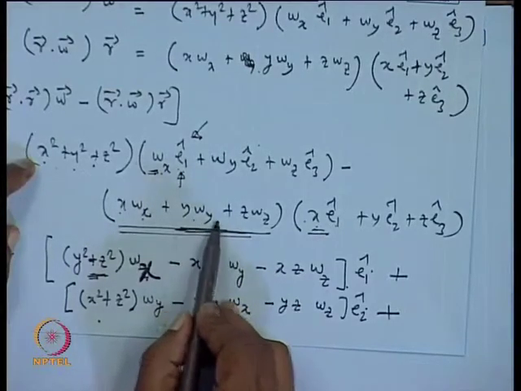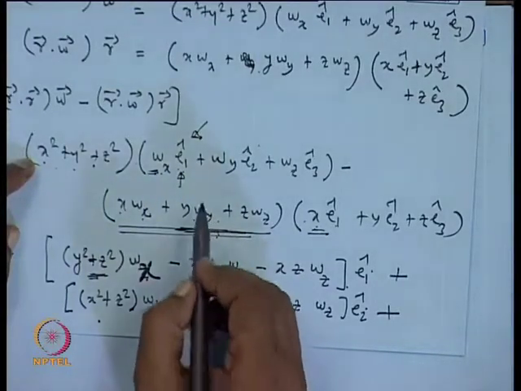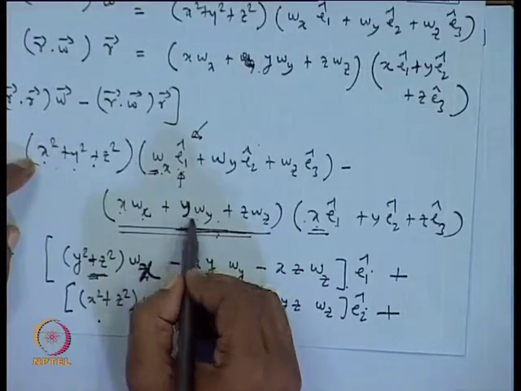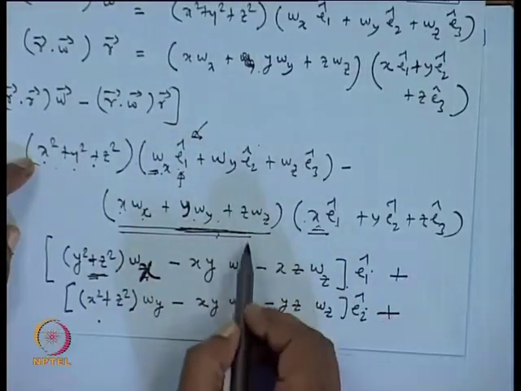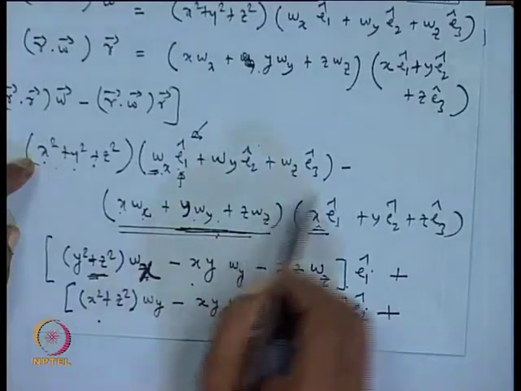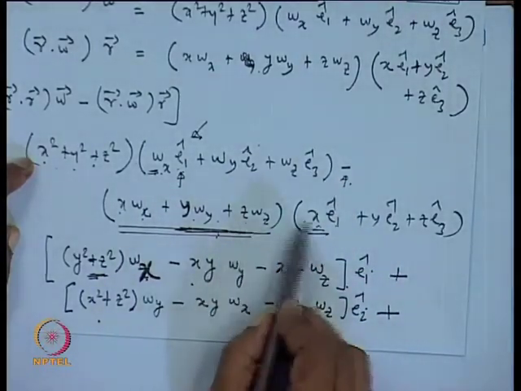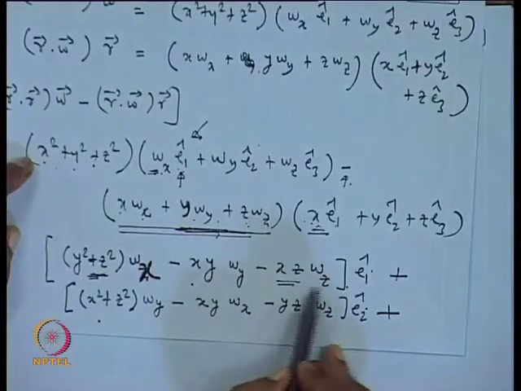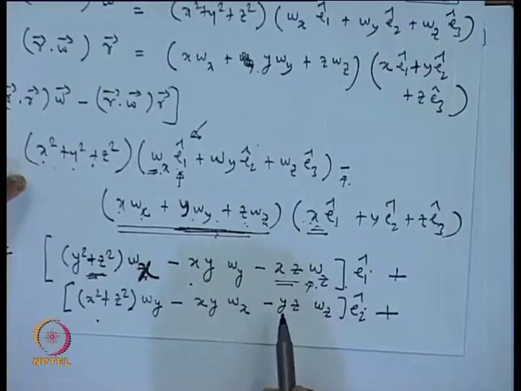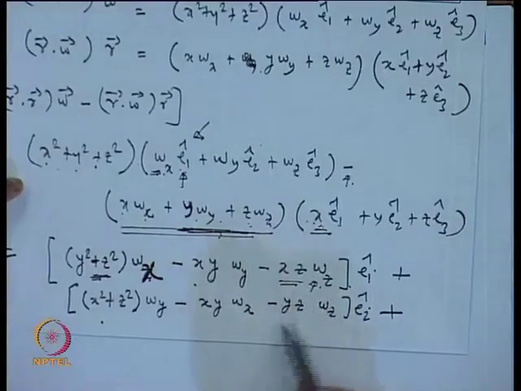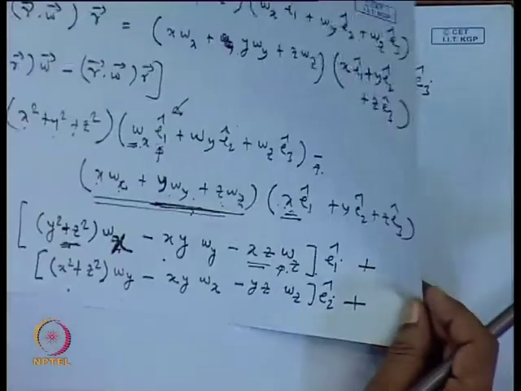So, y omega y, this multiplied by x. So, x y times omega y with a minus sign which is appearing here, okay, and similarly x z times omega z which is appearing here. So, we are just collecting the terms together and writing here in this place.